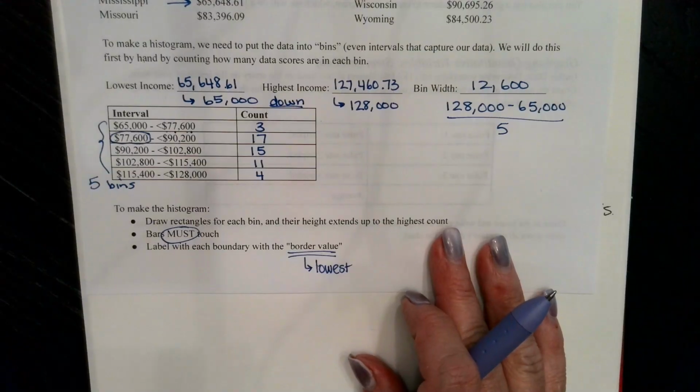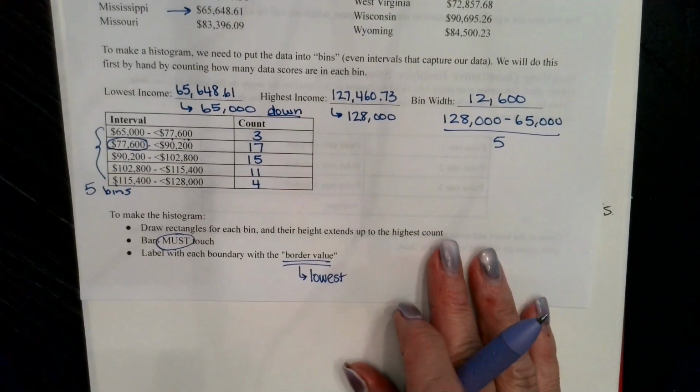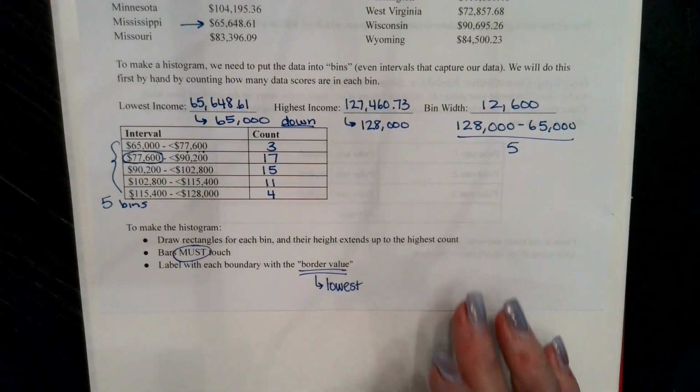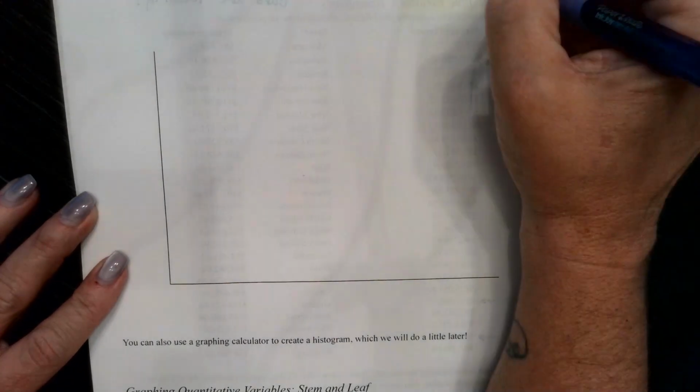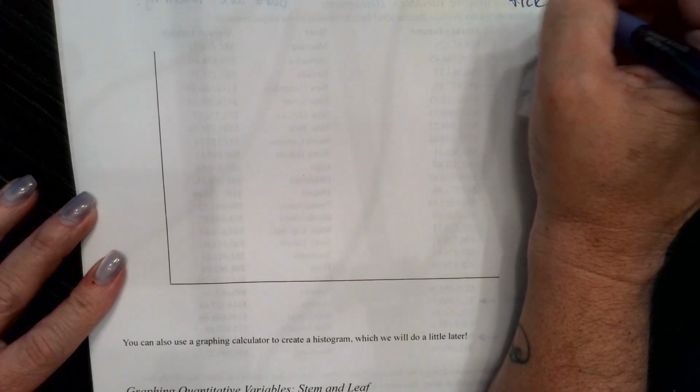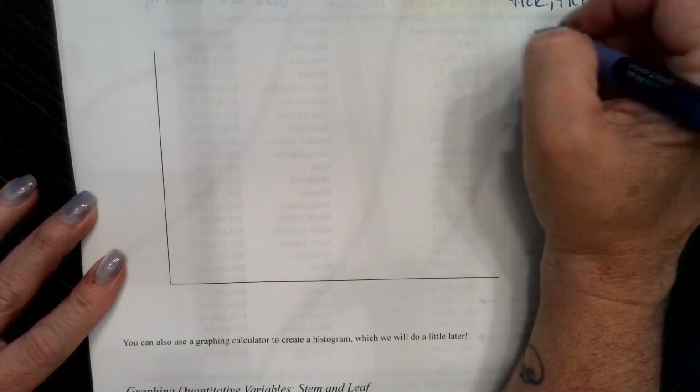Okay, so if I am going to create this histogram, let me grab a piece of paper. I'm going to use the data that I have to put this together. I've already got my 2 axes. Remember, the first thing I have to have on here is my title. So I have title, and then tick, tick, label, label, label.